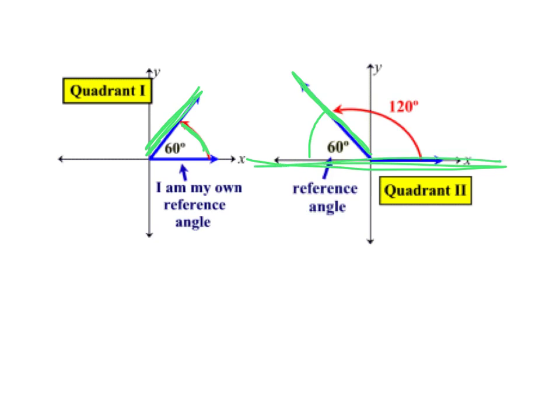So if we have 120 here, the reference angle for 120 is 60, because the terminal side with the x-axis makes an angle of 60. The whole thing from here to here is 180. So since part of it is 120, the other part is 60.